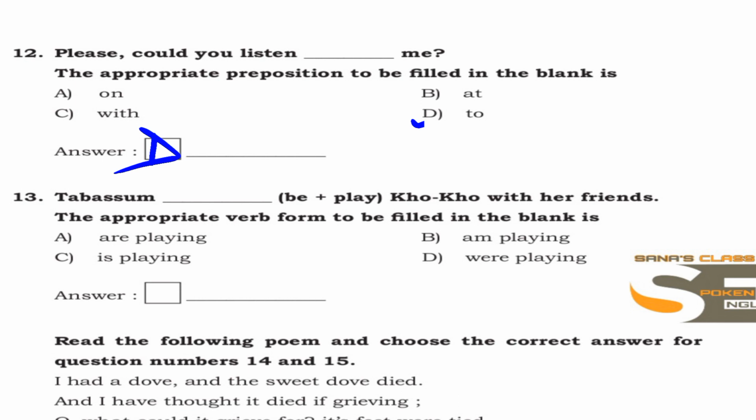Then we'll go for question number 13. Tabassum dash Coco with her friends. What you have to do here? The appropriate verb form to be filled in the blank. Here the be form of the verb along with the verb is given, right? You must know what is be form, right? So Tabassum, she is only one girl here, right?